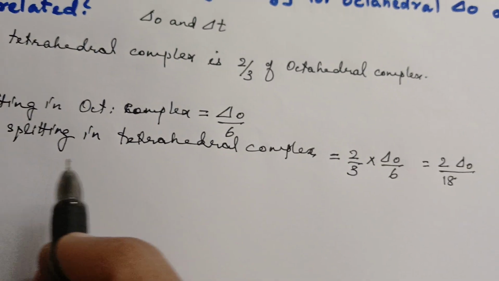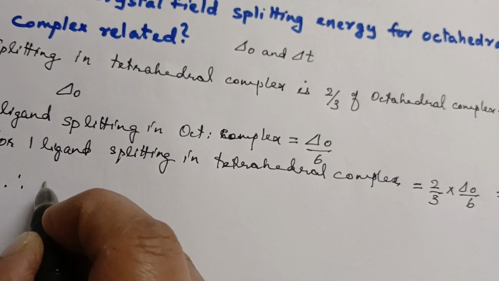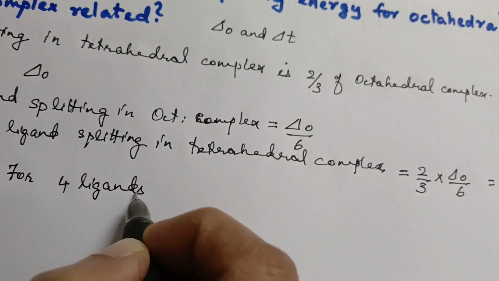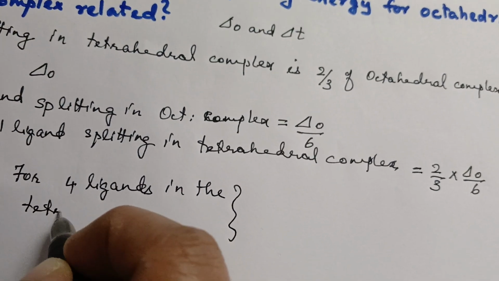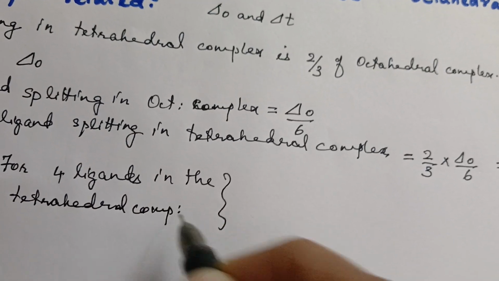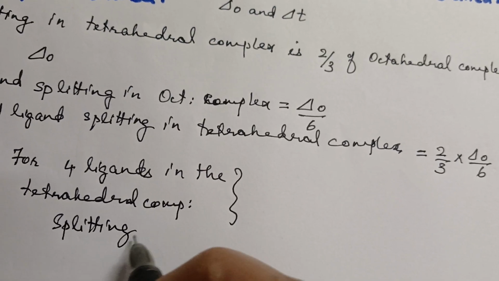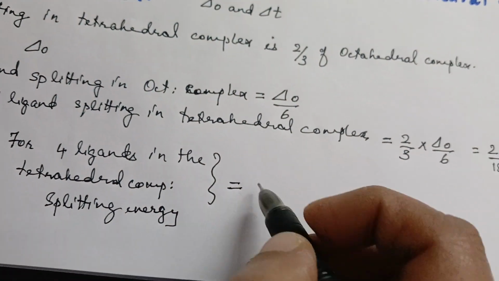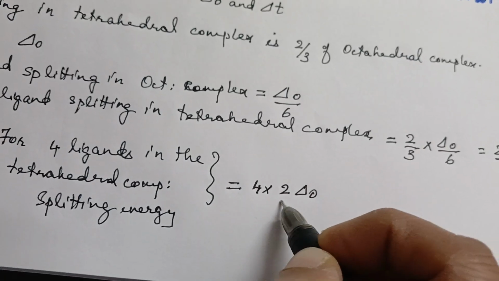How many ligands are there in a tetrahedral complex? There are 4 ligands. Therefore, for 4 ligands in the tetrahedral complex, splitting energy equals 4 into 2 delta O by 18.